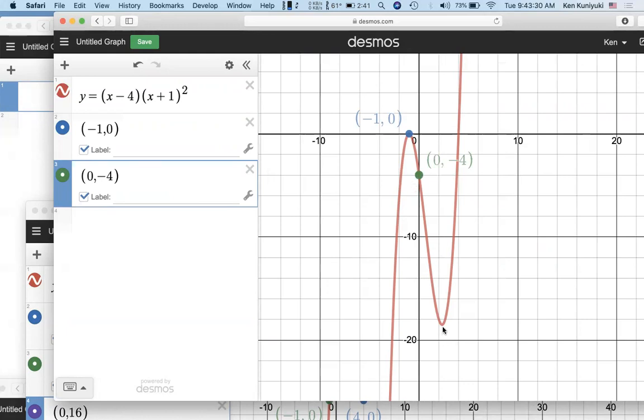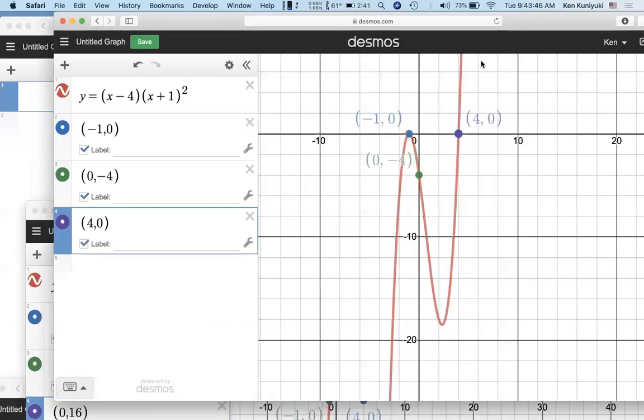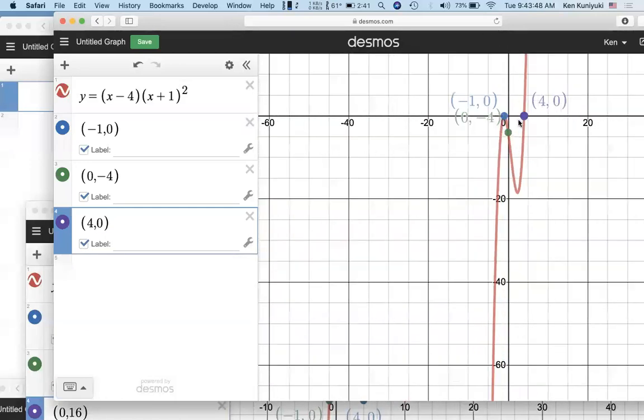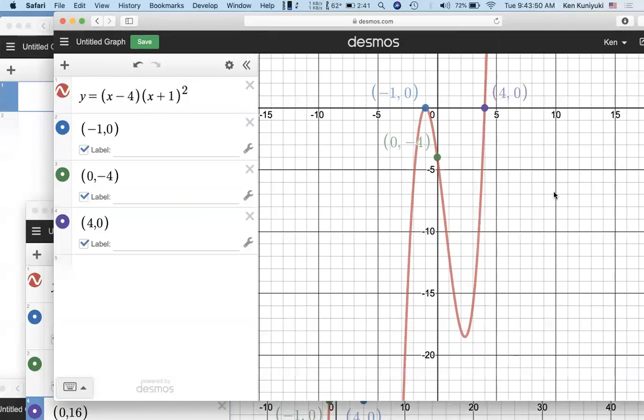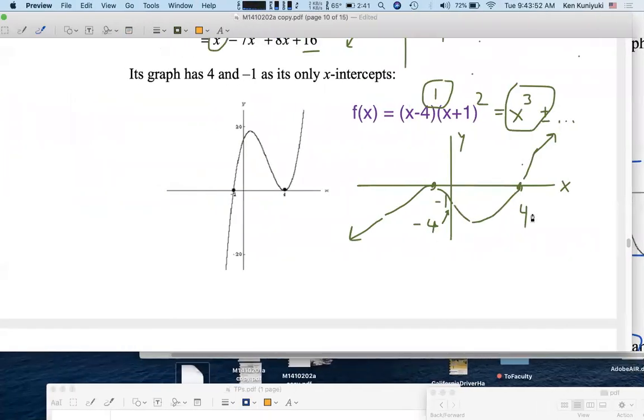It turns out that the midpoint is in quadrant 4, not quadrant 3, but in calculus you'll find that out. Then we go up, up, up. After the midpoint, we go up, up, up. And then at 4, 0, we cut. And then we go off, off, off, like a rising snake. All right, so we know a lot about these graphs.